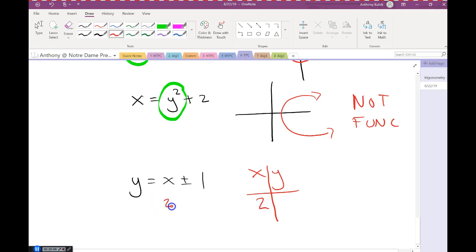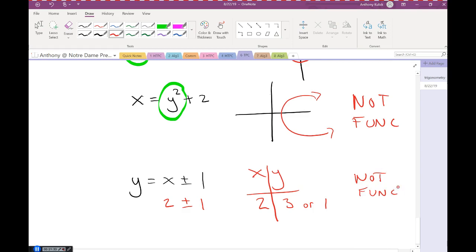So if I plug 2 in, I'd get 2 plus or minus 1, right? If I evaluate 2 plus or minus 1, if it's 2 plus 1, I could get 3. And if it's 2 minus 1, I would have 1. So that's saying that I have 2 separate y values for the x value of 2. Is that a function? Not a function, right? Because we have one x with more than one y.